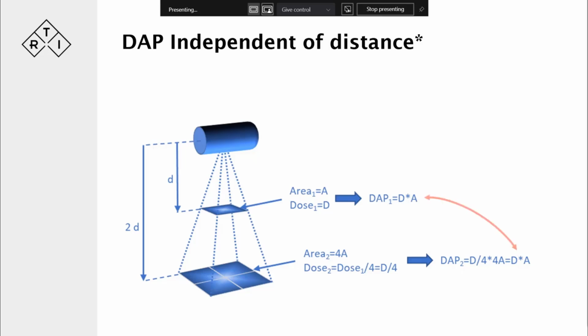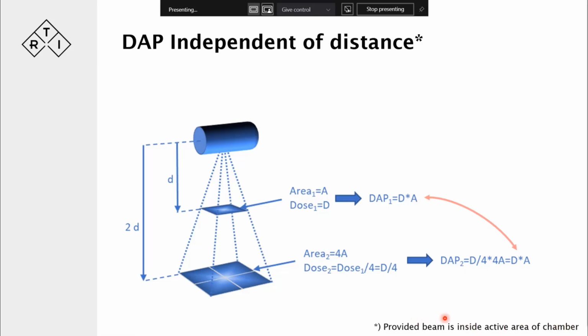And we have the same DAP value, and that's one of the benefits of using DAP as a measurement in radiation technology. Now, the asterisk here and the caveat is that this is valid provided that the beam is inside the active area of the chamber.